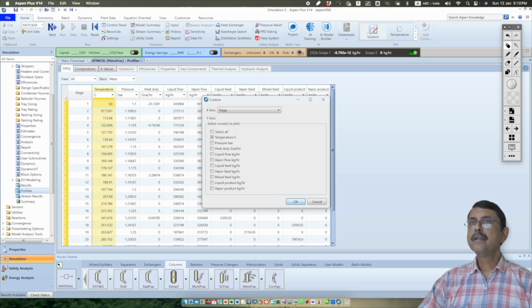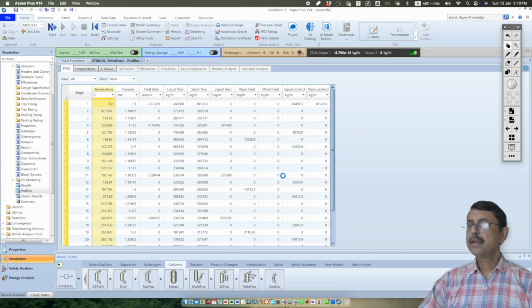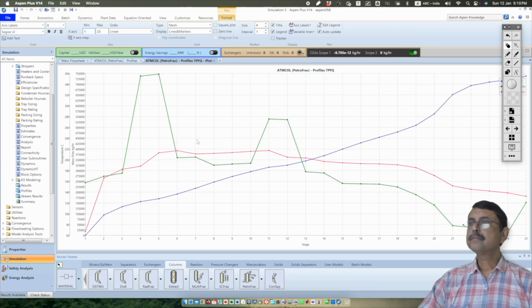So you can see the temperature profile, flow profile. So these are the temperature and flow profiles, right? So how the temperature and pressure they change from stage 1 to stage 25. You can see over there.